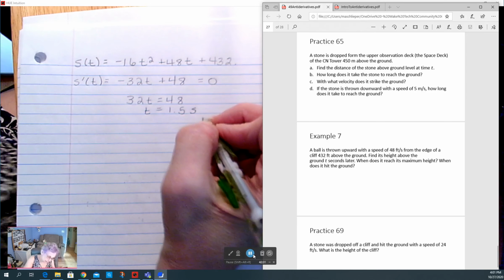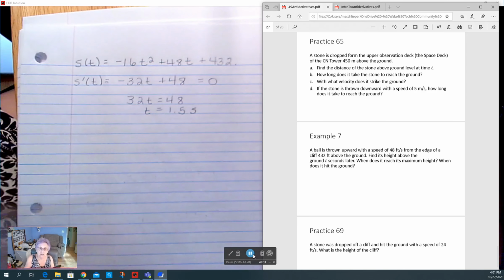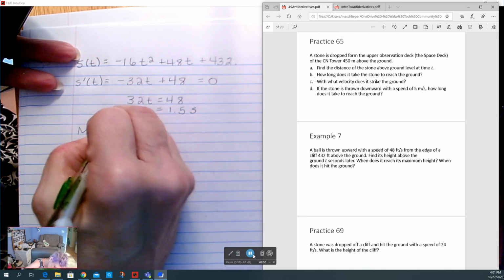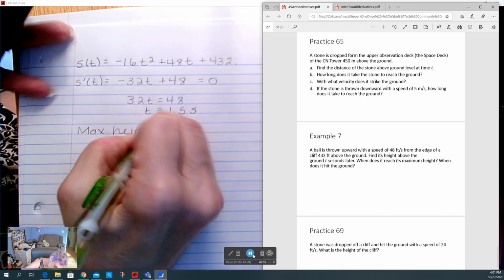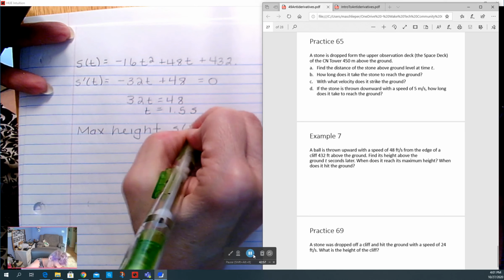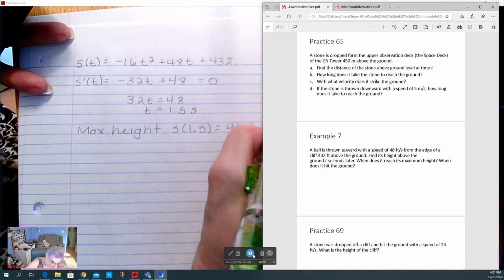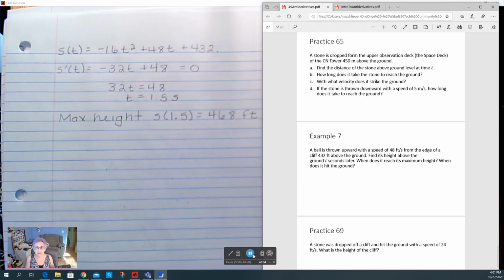If you wanted to know what the maximum height was, you could just plug it in. Negative 16 times 1.5 squared plus 48 times 1.5 plus 432. Its maximum height, S of 1.5, is 468 feet. Then it starts falling down.